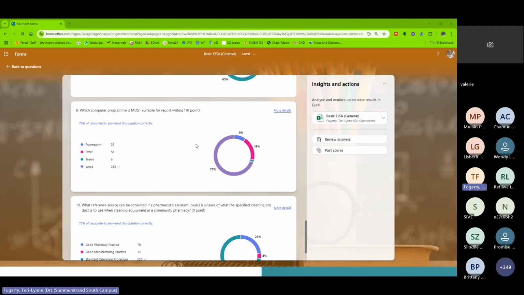You might have an addendum in your report that has some figures and numbers and calculations where you've printed out a spreadsheet, but that's not going to be your actual report. Teams, well, you're sitting on a Teams meeting now. Again, you might be presenting a report through a Teams meeting, but you're not writing a report. And then finally, a Word document, which is your word processor document, is the most correct answer.